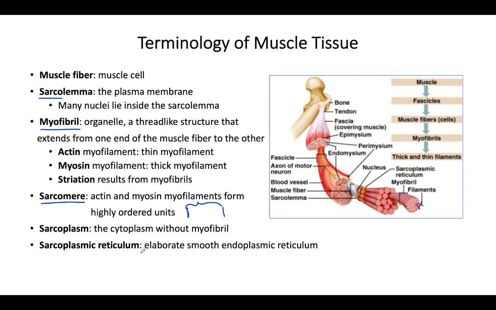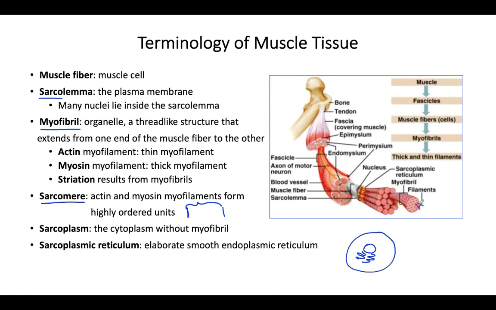Sarcoplasmic reticulum is smooth endoplasmic reticulum in the muscle fiber. Do you remember in an ordinary cell, there's a nucleus. The nucleus has two layers of membrane, and the outer membrane extends and curves to form endoplasmic reticulum. So the sarcoplasmic reticulum is the smooth endoplasmic reticulum in the muscle fiber. We call that sarcoplasmic reticulum.